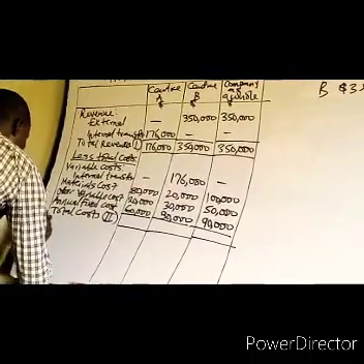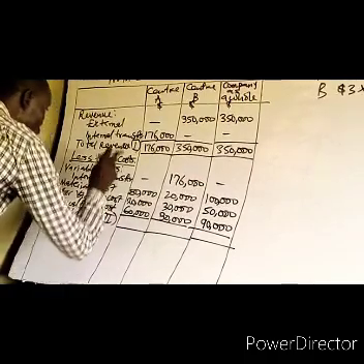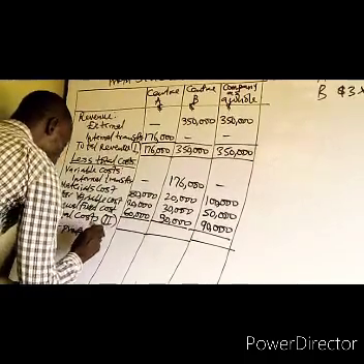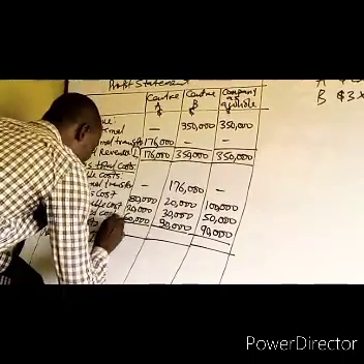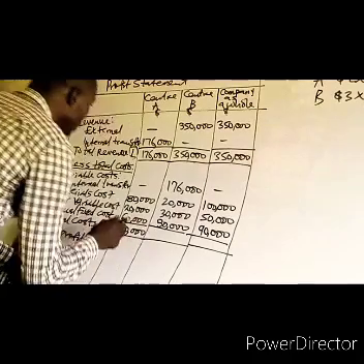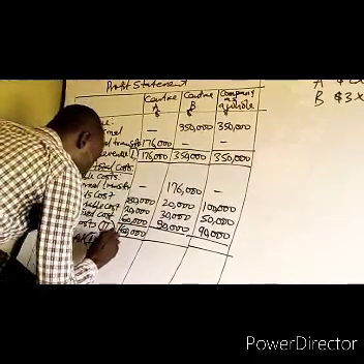So when you subtract, you have net profit. That is total revenue 1 minus total cost 2. Then this will be 160,000. If you subtract 160,000 from 176,000, you'll be left with 16,000.